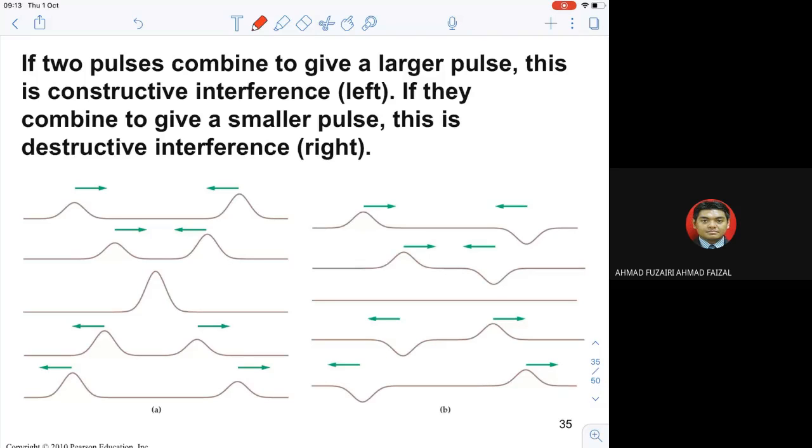Let's say you have one crest going to the right and one crest going to the left. They will meet at some point to become this. This is what we call constructive.